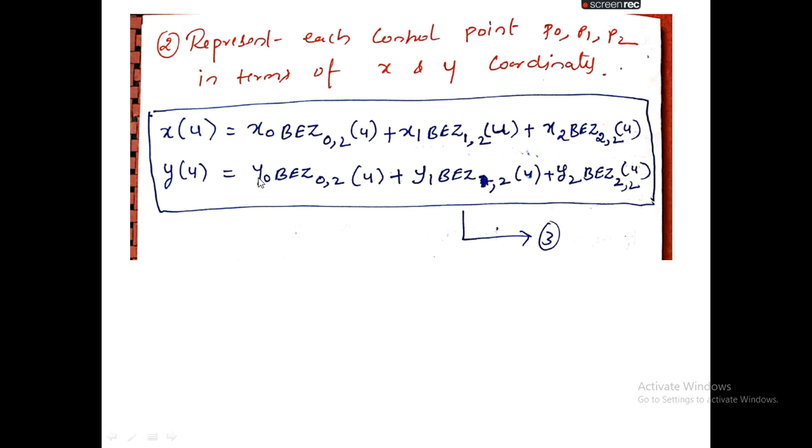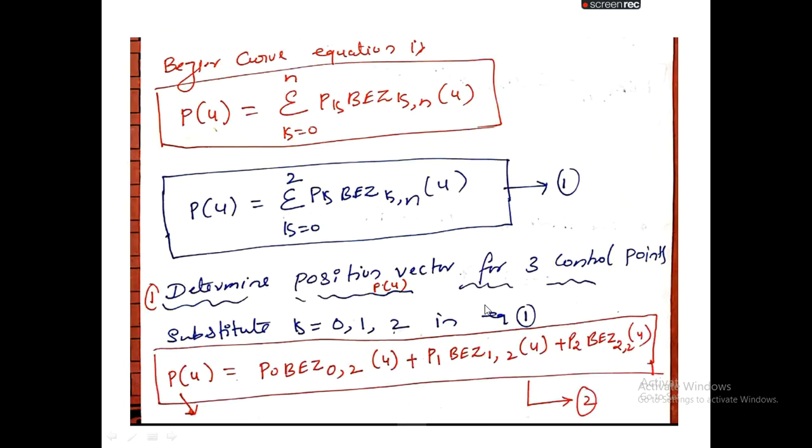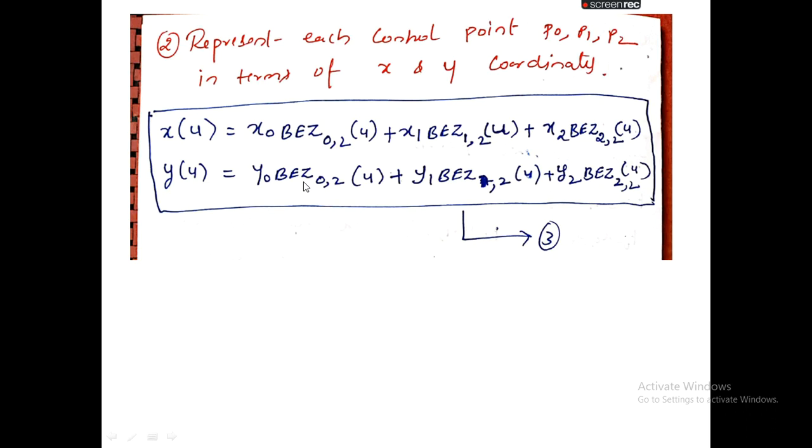Wherever P naught is there in equation number 2, I will replace that P naught value with the y value. Then I will get the coordinate position of each pixel in that curve with respect to the y-axis. So this is equation number 3.